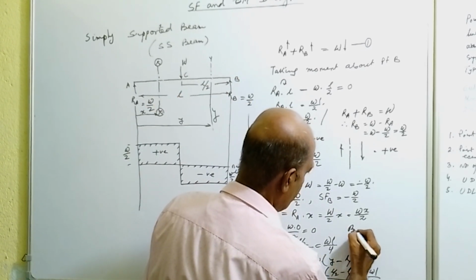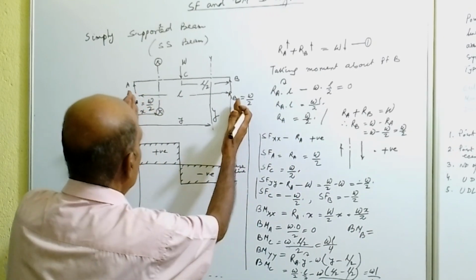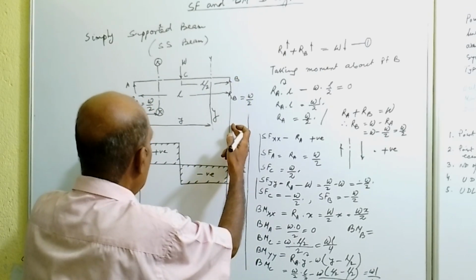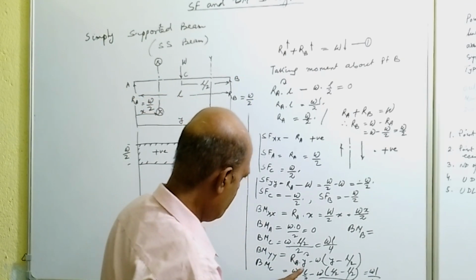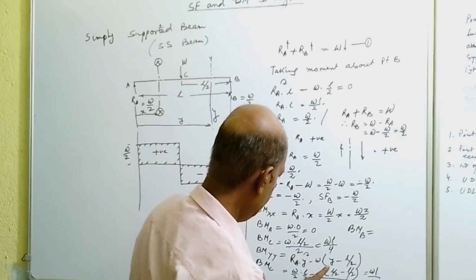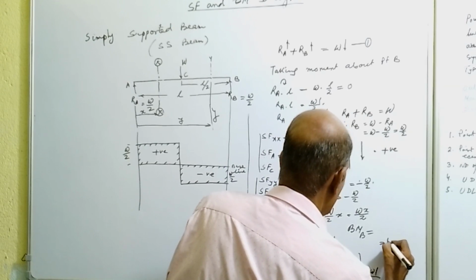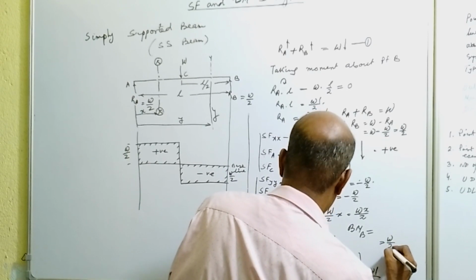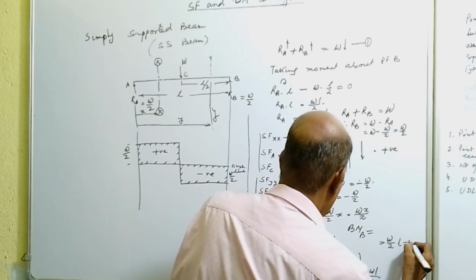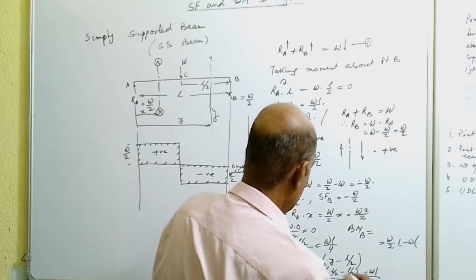So bending moment at point B. So that will be, just put Y value is equal to L, because at point B Y value will be L. So if we put Y value is equal to L, so it is W by 2 into L minus W into L by 2 minus L by 2.